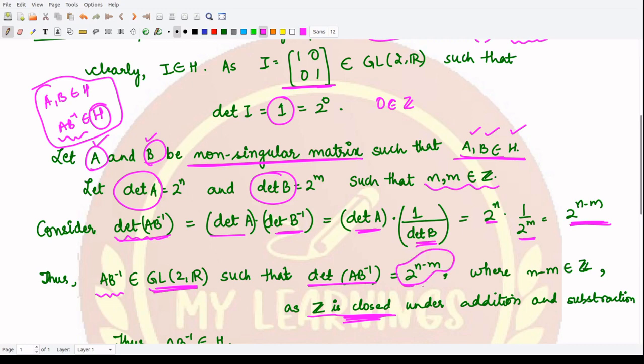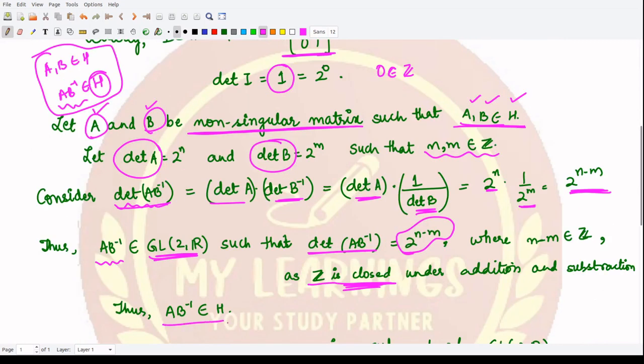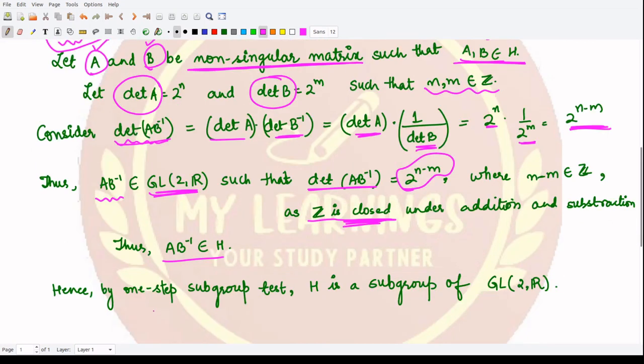That means AB inverse follows all the conditions of H, so AB inverse is present in H. By the one step subgroup test, we can conclude that H is a subgroup of GL2 comma R, and this is what we wanted to prove.